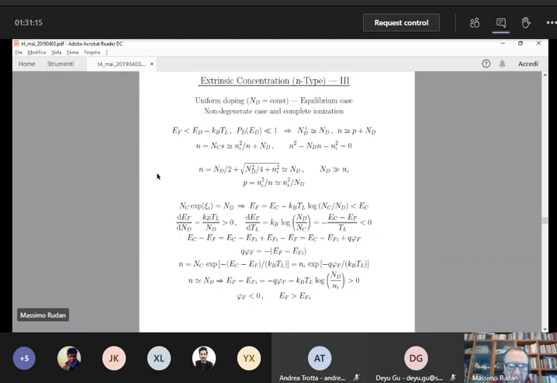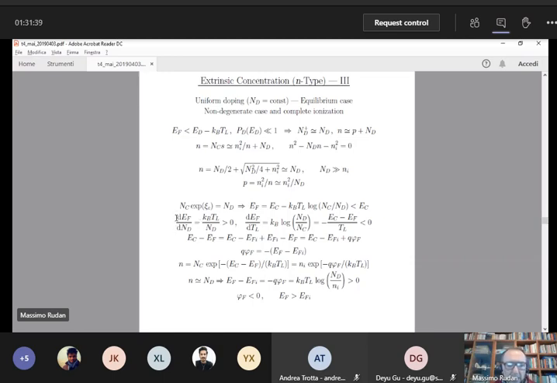So in order to understand what happens to the Fermi level when the approximation apply, we can do it much more easily because we have the exponentials at our disposal. So what you do is simply that you take the derivative of EF with respect to ND, and it comes about to be positive.